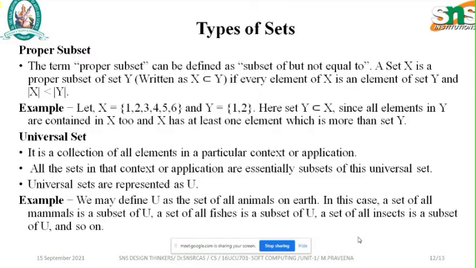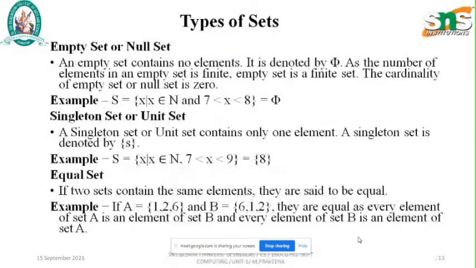We are representing it using the symbol U. In this case, the set of all mammals is a subset of U, the set of all fishes is a subset of U, and the set of all insects is a subset of U. Likewise, we can define so many things. So universal set means it contains all the elements, right?